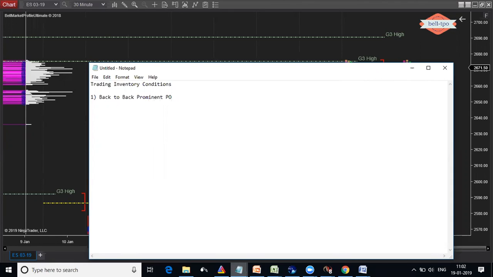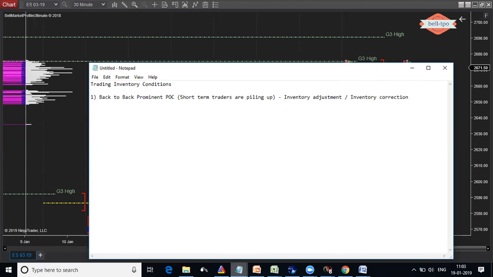So the point of control represents what? That short-term traders are piling up their stock inventory. So the anticipated reaction is inventory adjustment, or we can also call that an inventory correction.